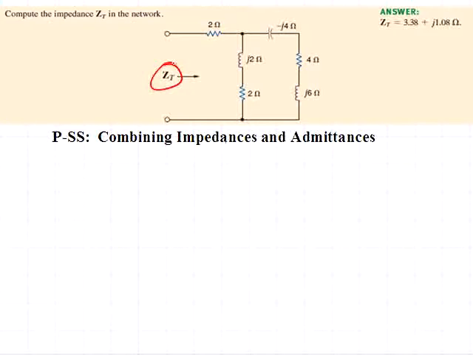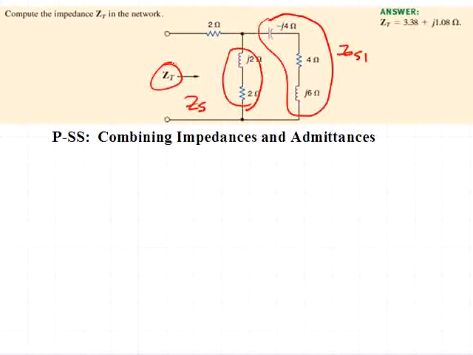To simplify our discussion, we'll name this series connection of impedances on the right side ZS1, and this pair of series connected impedances on the left ZS2. So our ZS1 is comprised of a 4 ohm resistor plus a 6 ohm inductor minus a 4 ohm capacitor.